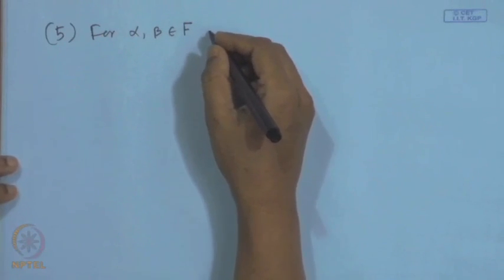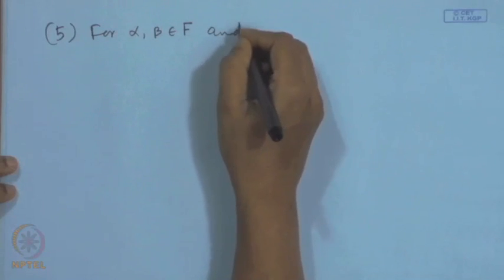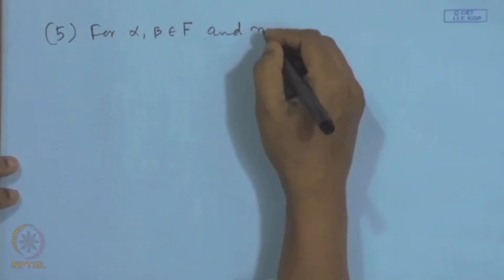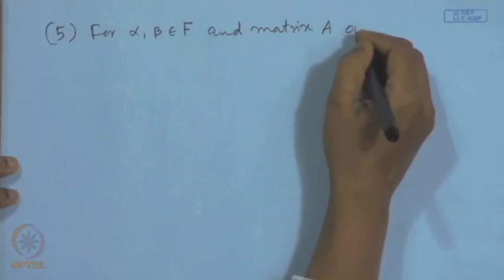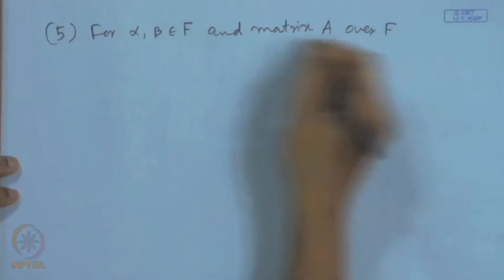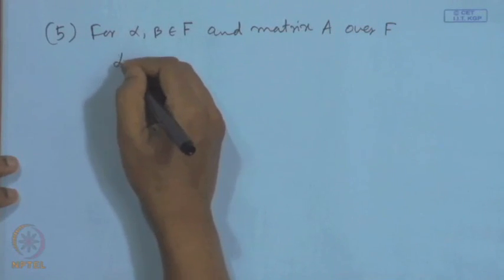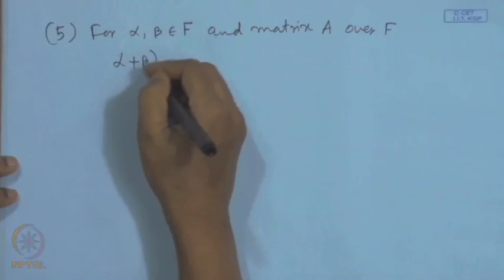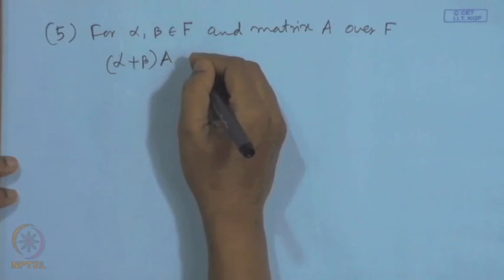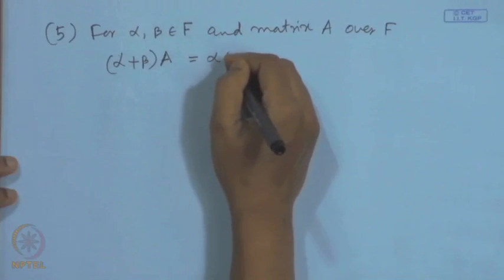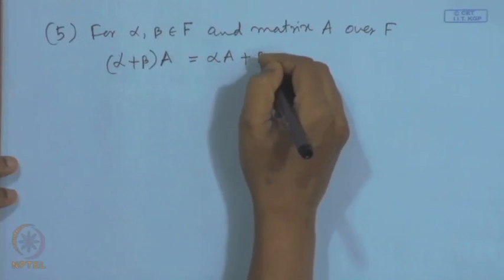For alpha, beta belongs to F and matrix A over F, alpha plus beta times A is equal to alpha A plus beta A.